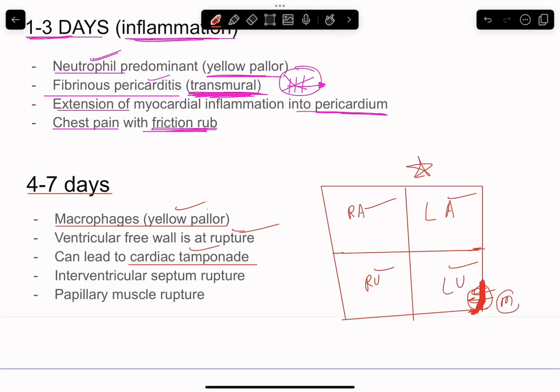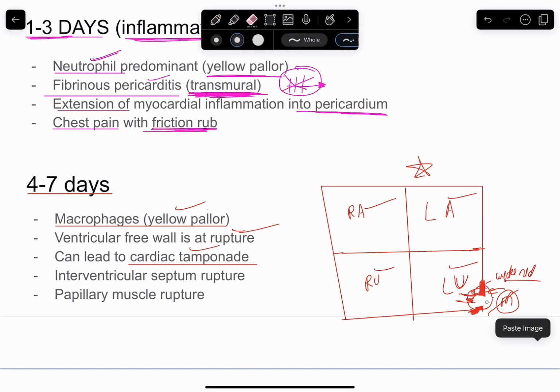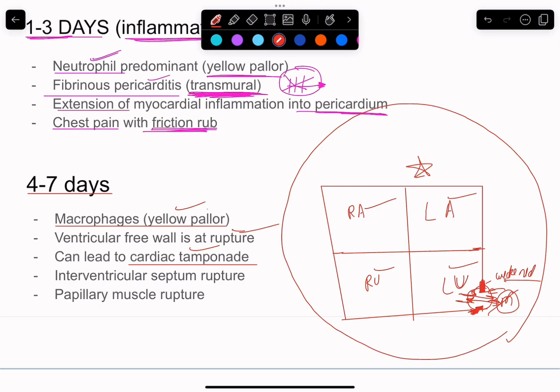Macrophages will come after neutrophils here, and they will secrete some proteolytic enzymes, which will cause this wall to get weakened. So if there is stress on this wall, let's say if the left ventricle needs to contract strongly and there is pressure on this wall, this can lead to rupture of this wall, eventually leading to all the blood being accumulated within the pericardial sac.